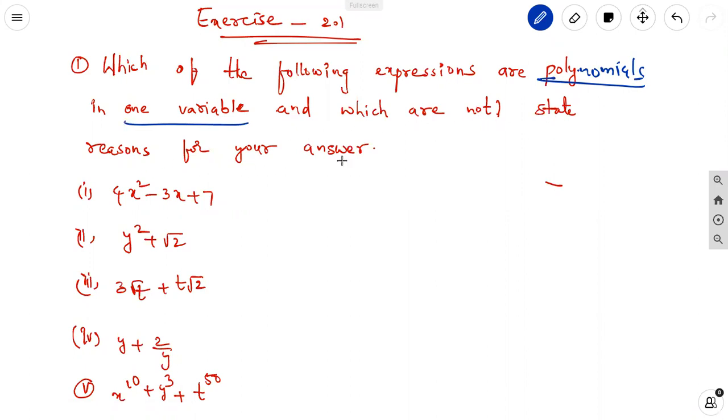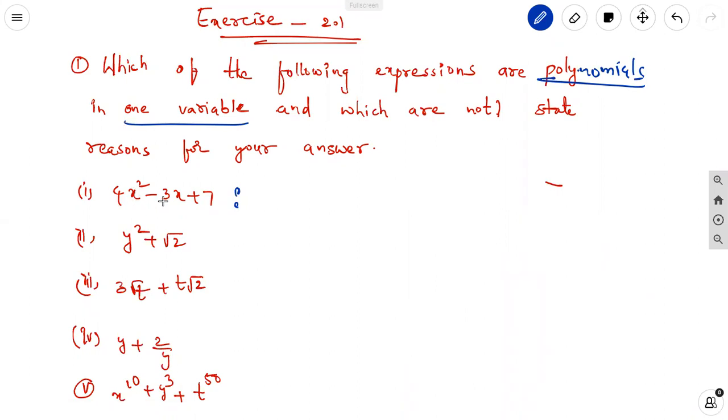State reasons for your answer. Here, see that 4x square. First, you can observe whether the x exponents are whole numbers or other.